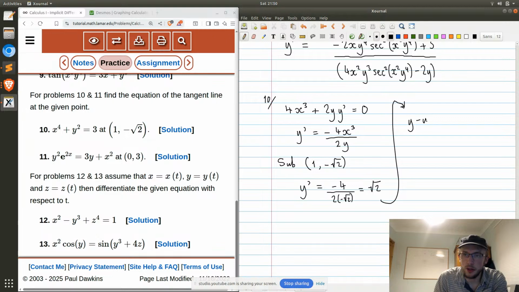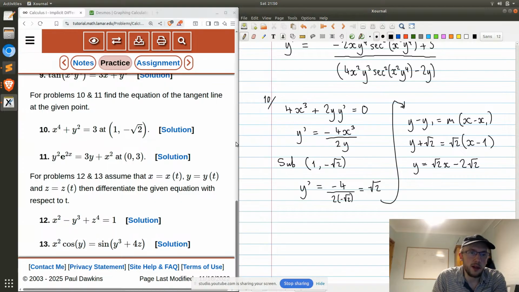So now we use y minus y1 equals m times x minus x1. And we'll say y plus root 2 is equal to root 2 times x minus 1. And so y is root 2 times x. We have to take root 2 and then take another root 2.